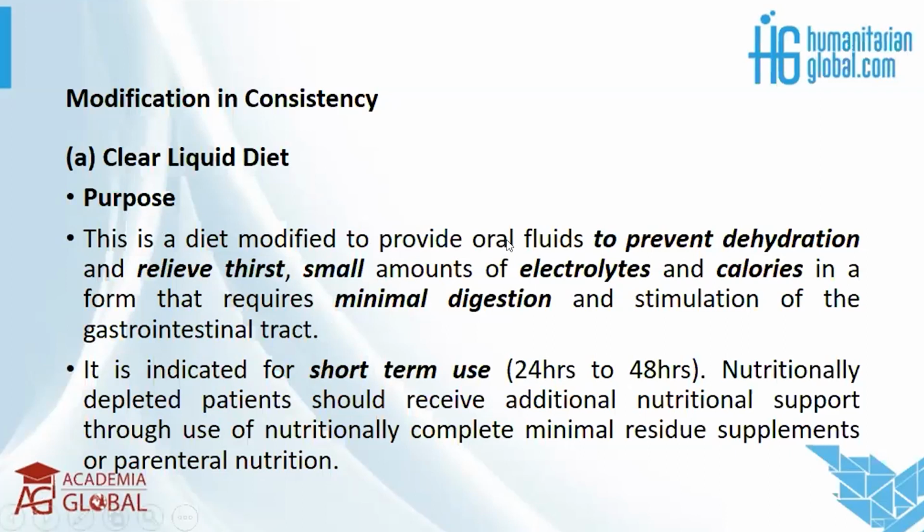The purpose of this diet is to provide oral fluids in order to prevent dehydration for the patient and to relieve thirst. This diet may have small amounts of electrolytes, that is some minerals, and calories in a form that requires minimal digestion.